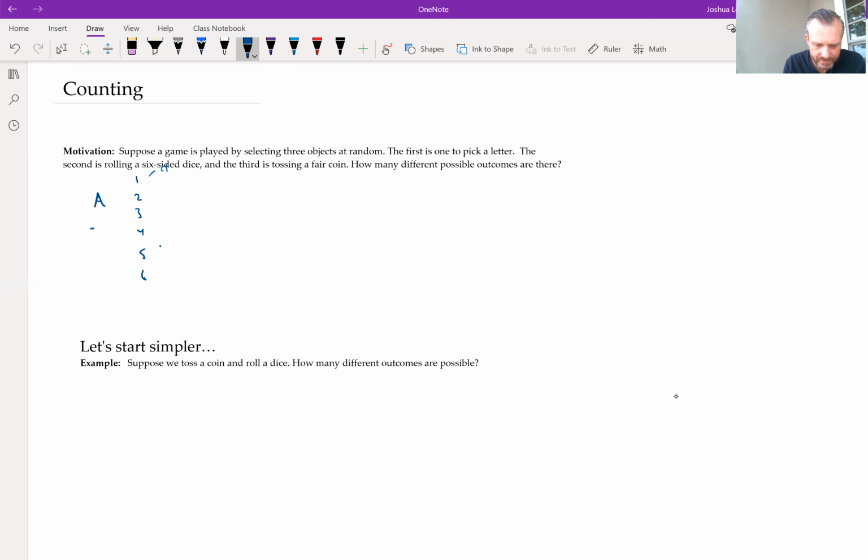Heads or tails, heads or tails, and so on. In fact, if I were to list them out, I might have A1 heads. That's an option. A1 tails. That's an option. A2 heads. That's an option. A2 tails. That's an option.